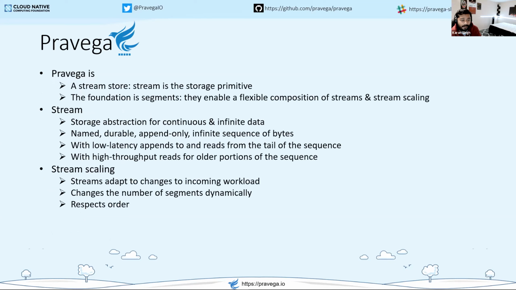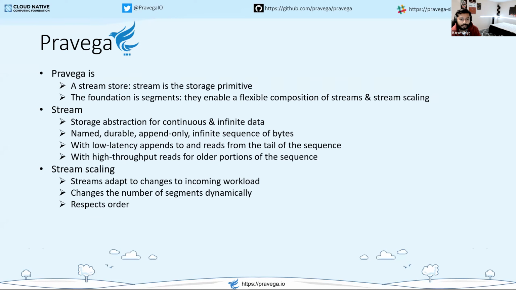All of us present here would mostly be aware of what Pravega is, but just to give a brief overview: Pravega is a stream store. It defines stream as a storage primitive. The foundation of this is segments. What exactly are segments? They enable a flexible composition of streams and stream scaling in Pravega.